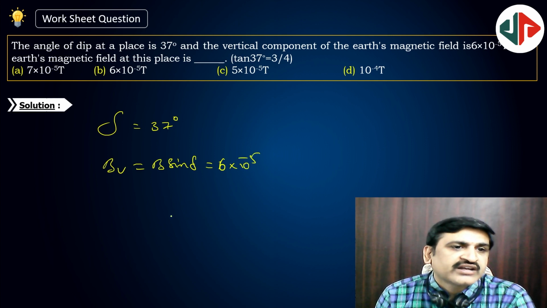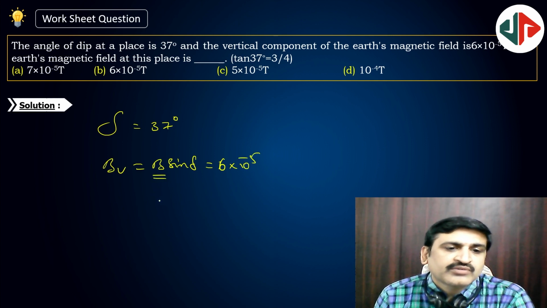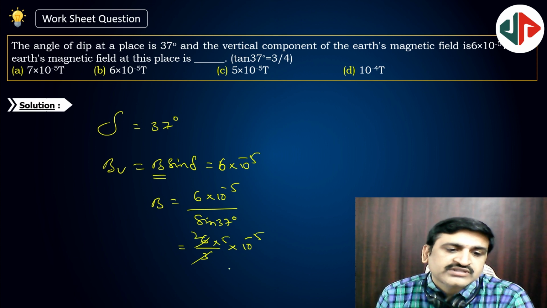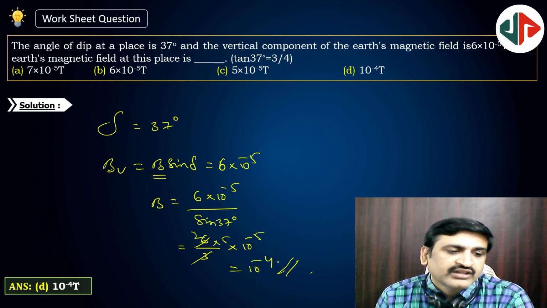Then the Earth's magnetic field at that place is B equal to how much? So B is equal to 6 into 10 to the power of minus 5 by sin 37 degrees. Sin 37 degrees is 3 by 5. 6 by 3 by 5 into 10 to the power of minus 5. So 3 will go 2 times, 10. 10 to the power of minus 4 it will be in the respective unit.